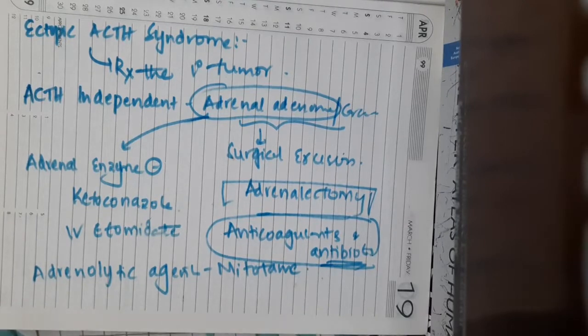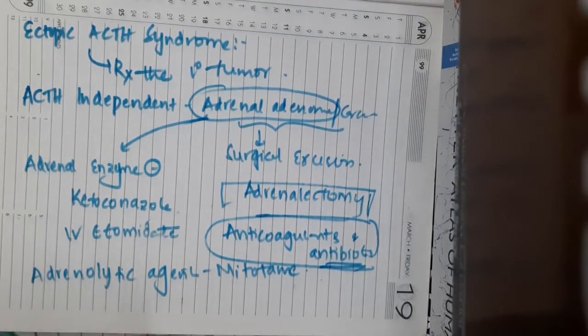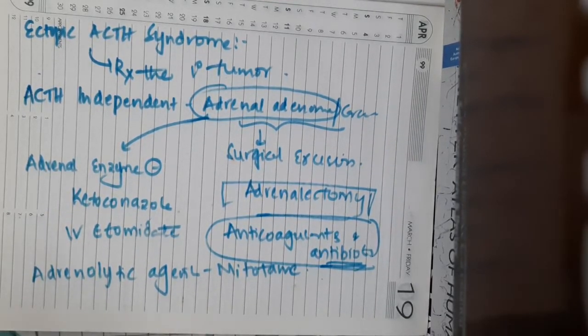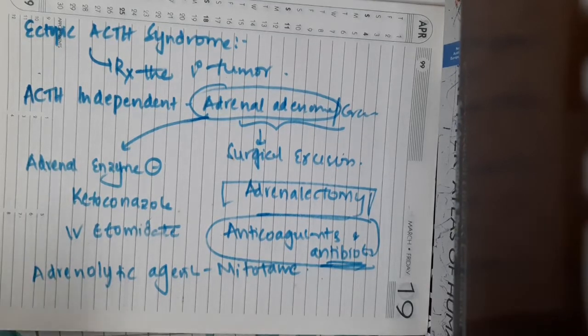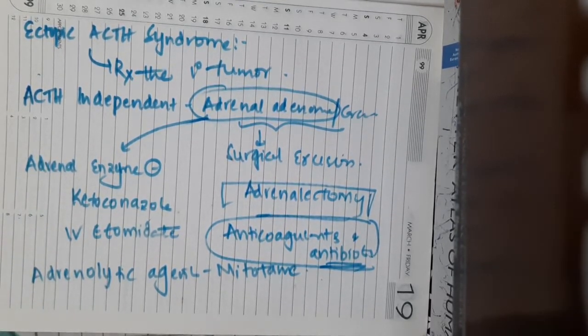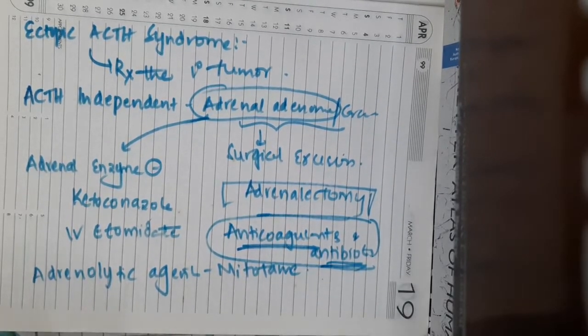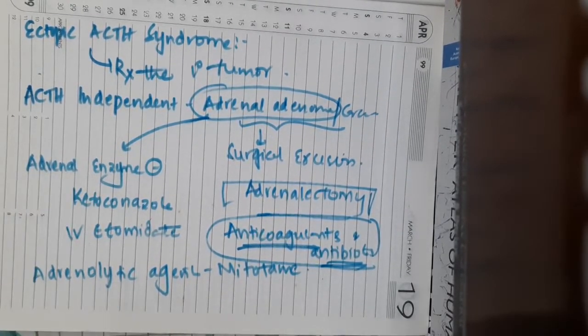Cushing syndrome is also a hypercoagulable state, which increases the risk of deep vein thrombosis and pulmonary embolism, very serious disorders, especially when a patient is going to surgery. So we should give prophylactic anticoagulant therapy preoperatively.